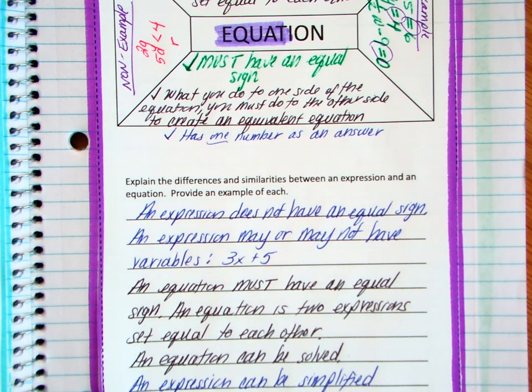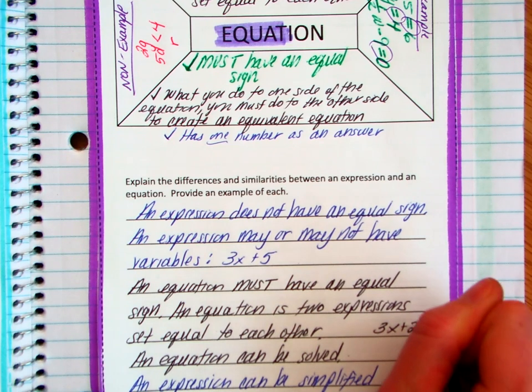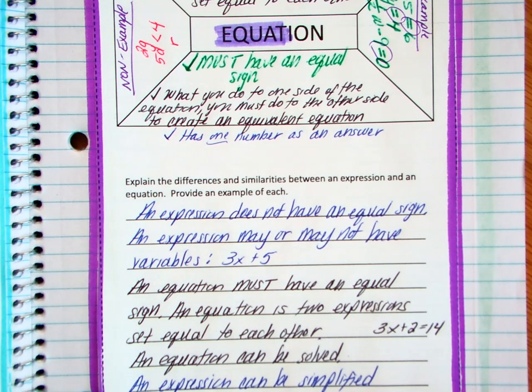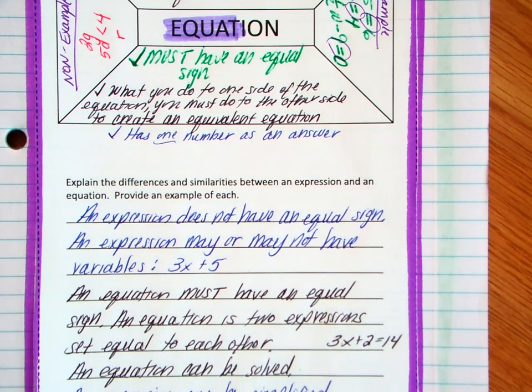If a variable exists within your expression, you can only simplify it if they tell you the value of the variable. An equation, on the other hand, can be solved because you can isolate the variable. For example, if I had 3x plus 2 equals 14, which is an equation, I could use inverse operations to isolate the variable and determine a solution.